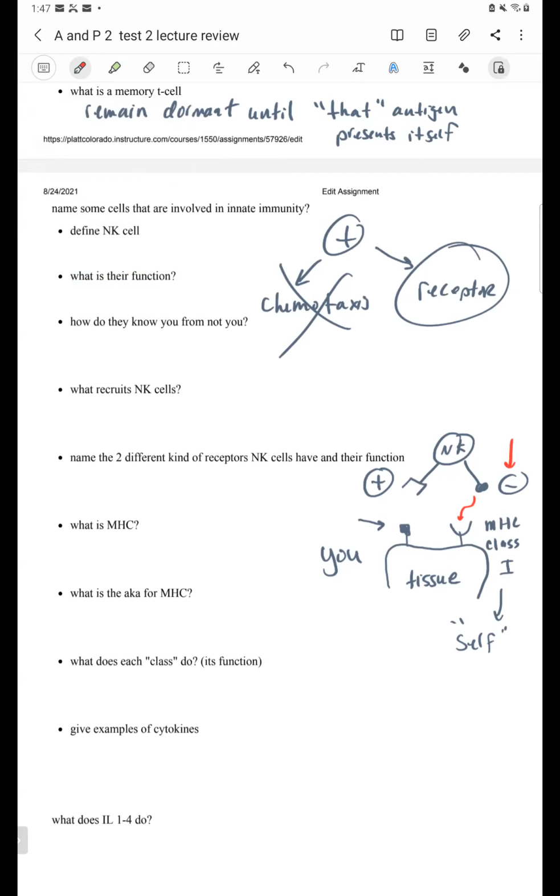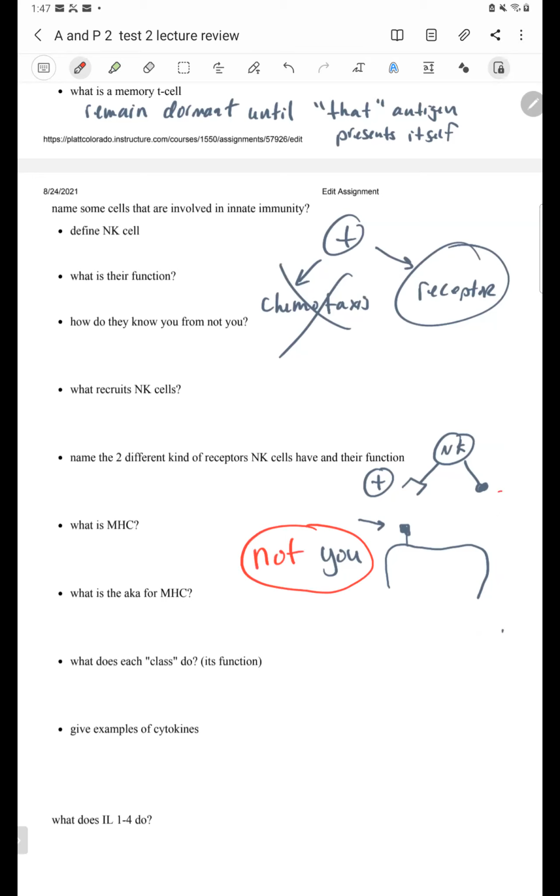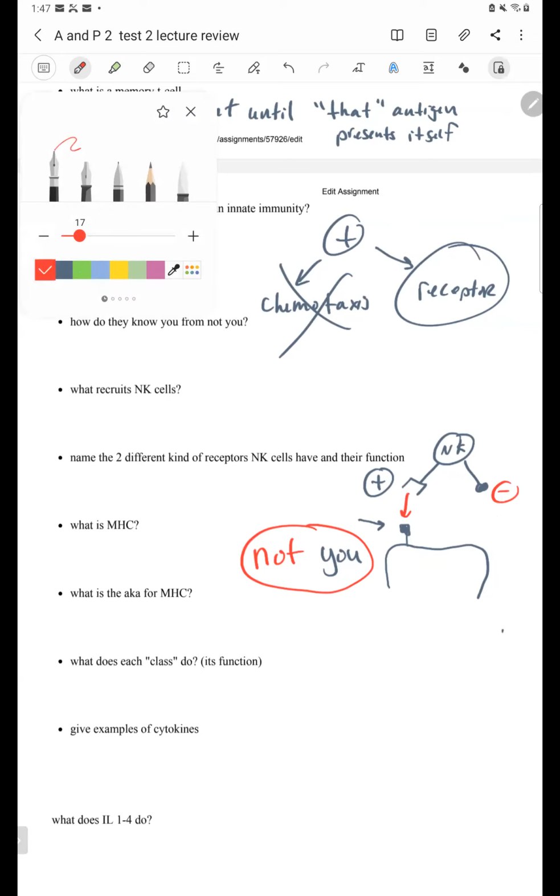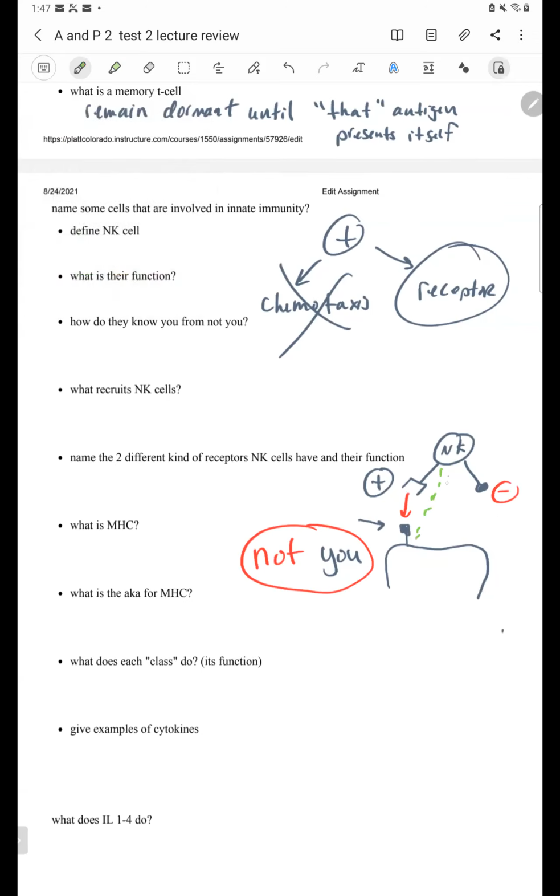Now obviously in a not-you situation, when the activating receptor is activated, it's going to release its perforin to destroy this tissue or the cell or the antigen or whatever it is, just because it's not you.